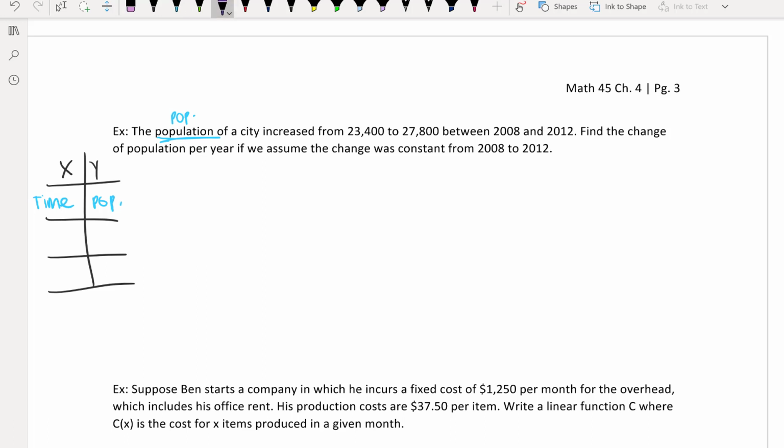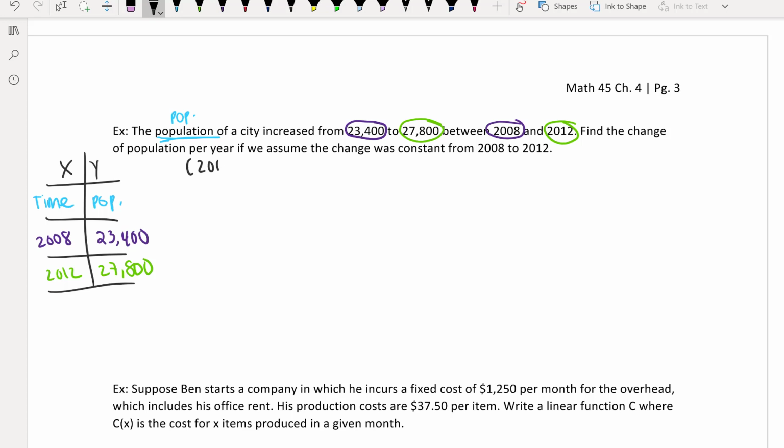So I know that population is going to be representing my Y value. So here, the first year that I have is in 2008. So in the year 2008, that would correspond to that population, 23,400. Now, my next year is 2012, so then that population was 27,800. So now I can rewrite this as ordered pairs.